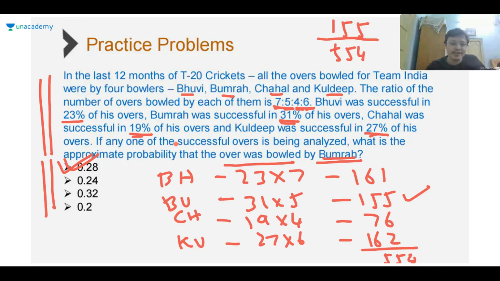7 into 23, 5 into 31, 4 into 19, 6 into 27. Get the values, add them. That's the denominator. The numerator is Bumrah's value, which is 155. In fact, even if you just saw these values, you can approximately see that these three are roughly equal and this is slightly less, which means the answer will be slightly more than 1/4, that is slightly more than 0.25, which is 0.28.